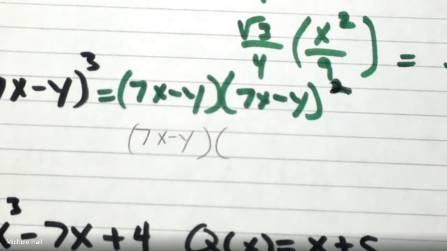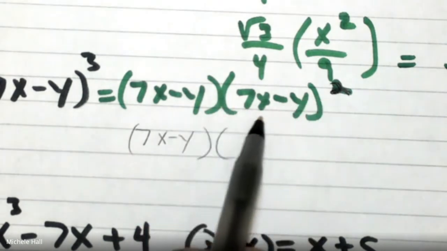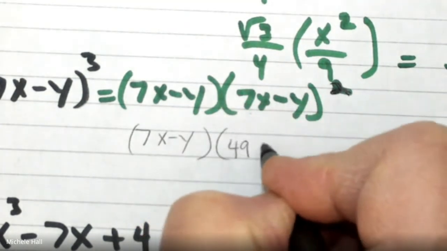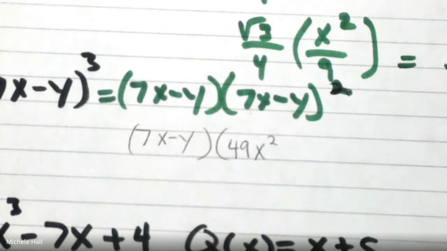It's easy to see the first term, 7x squared. What is 7x squared? 49x squared. 7x times 7x is 49x squared. The middle term I've had to write down on a few assignments. I go off to the side and I write middle term.